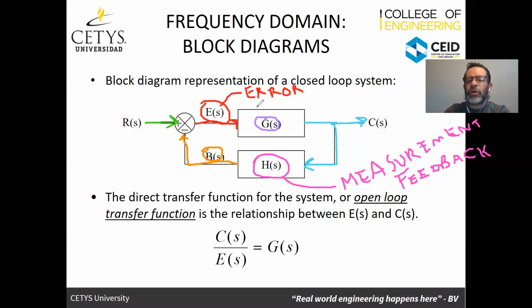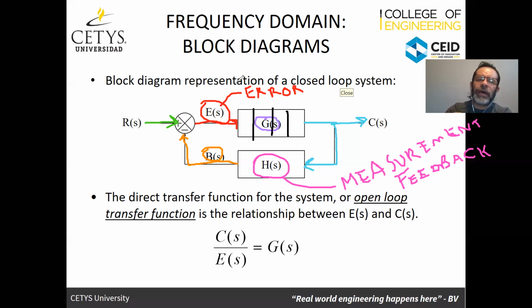Now, if we were to zoom into the open loop transfer function, or the transfer function here in the middle, we would actually see that this is going to be comprised of many blocks that are going to represent the many components of the system.